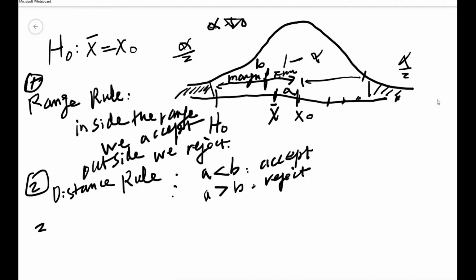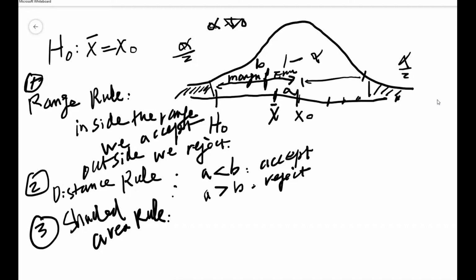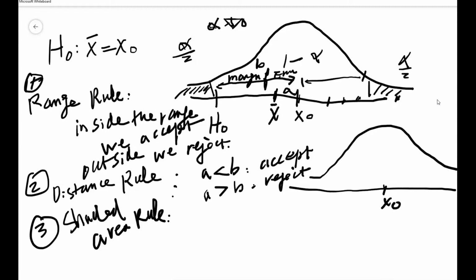Number 3, I call the shaded area rule. I'm going to draw another one to make it a little clearer. It's quite similar. So this is x0, this is half alpha, and this is another half alpha.